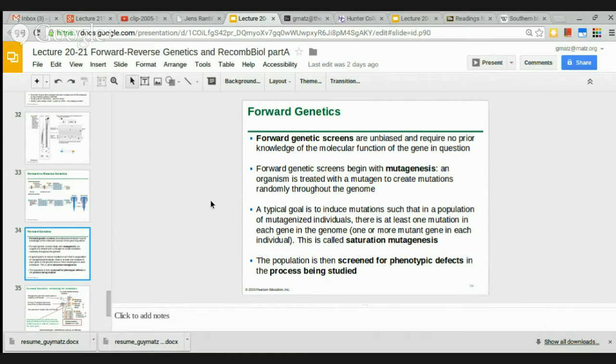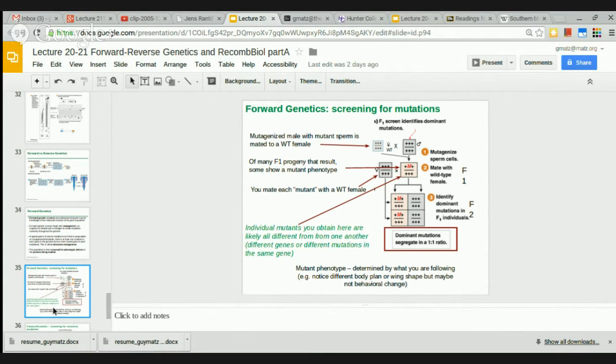In a forward genetic screen, what you're doing is mutagenizing an organism, hoping to mutate something that's affecting a process that you're interested in. Generally, you try to induce quite a lot of mutations and then have a clever screen to screen for them. Again, you want to basically try to saturate.